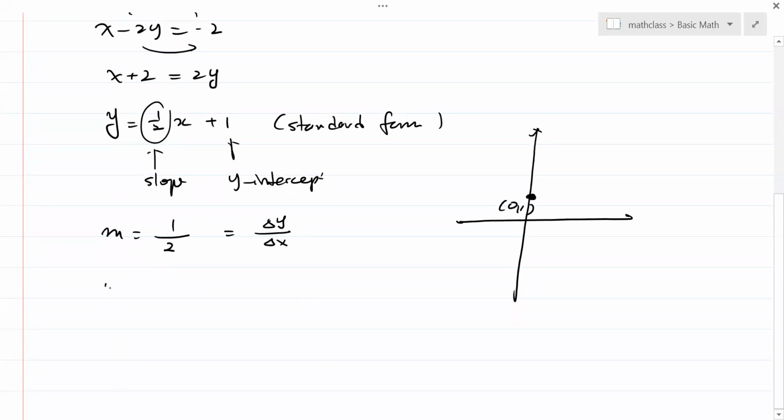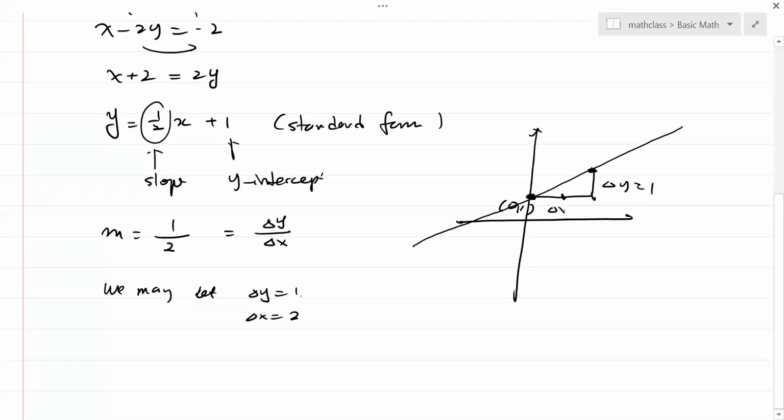So we may let delta y be 1, delta x be 2. So that means another point on the line will give change in x equal to 2 and change in y equal to 1. So you go right by 2 steps and go up by 1 step. So this will be the line. Okay, that's delta y equals 1, delta x equals 2. So that's the meaning of the slope.